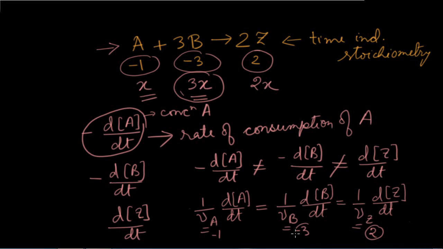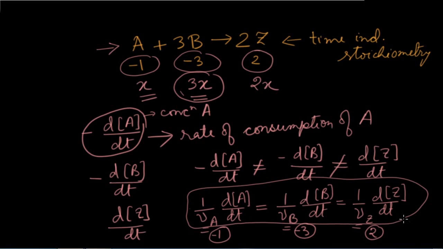If we put these three values, the corresponding stoichiometric coefficients, we are going to see that these expressions follow this specific relation. So this is why stoichiometry plays an important role while we are studying chemical kinetics, where we are looking at the rates of consumption or rates of formation.